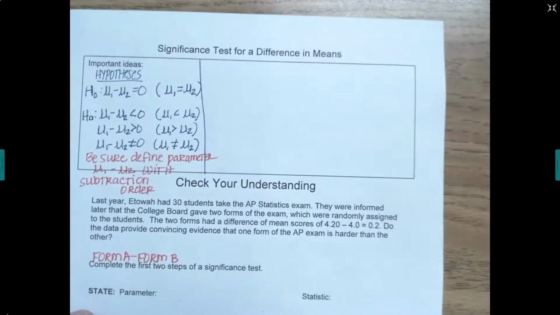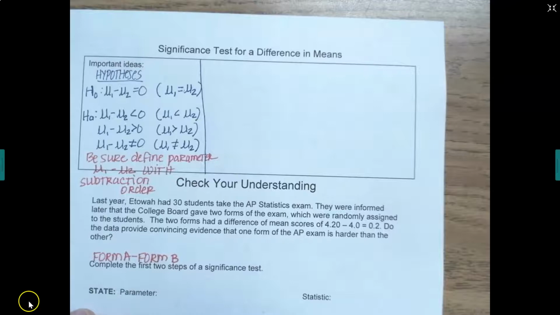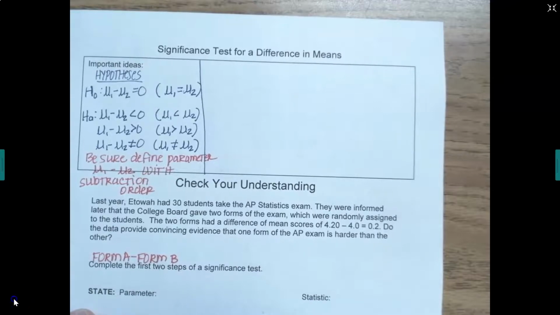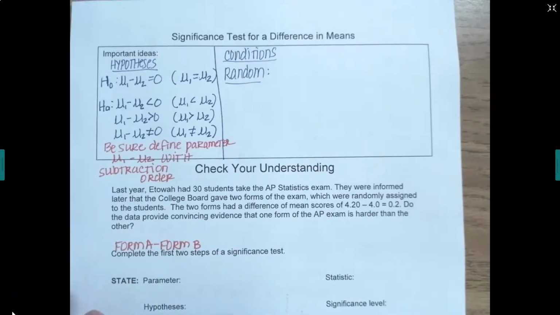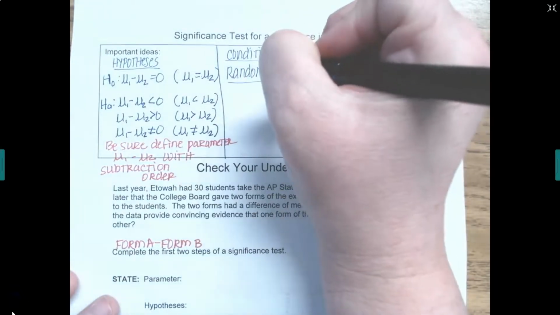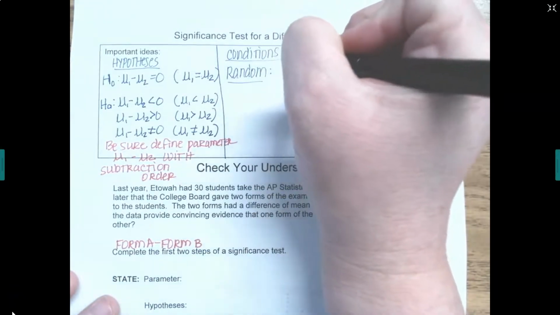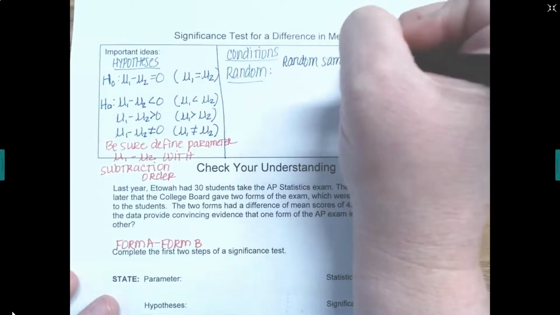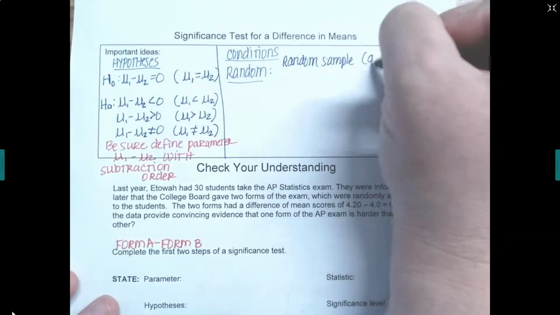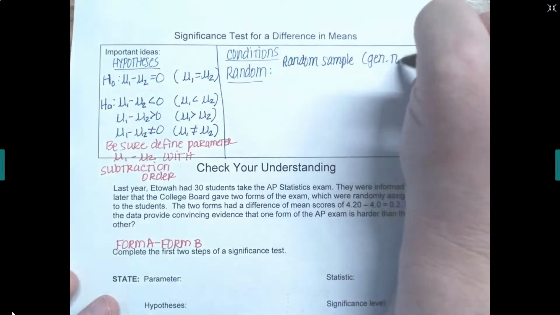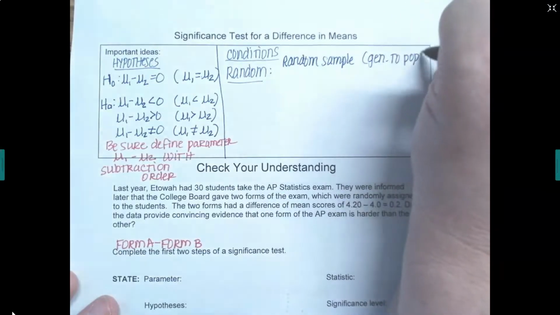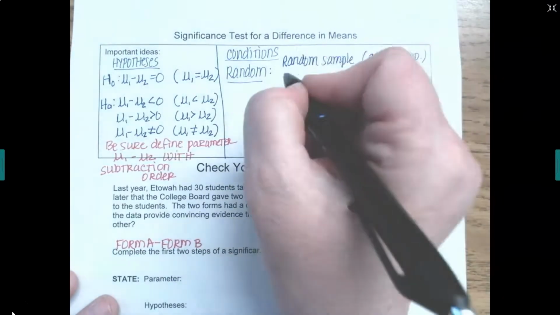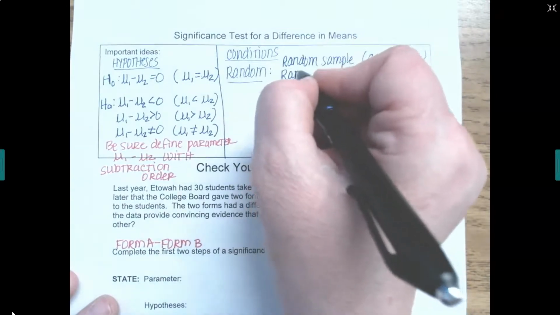Now the other thing I wanted to talk about is to remind you about our conditions. All right, of course we're going to start with random, and we will either have a random sample. If you have a random sample, that means you can generalize to the population. Or you can have a random assignment.